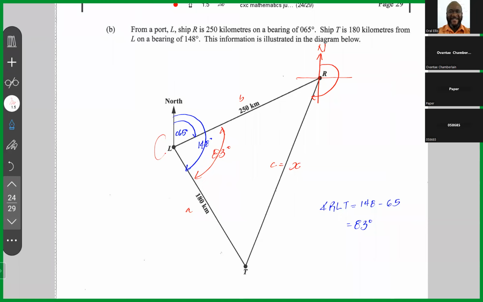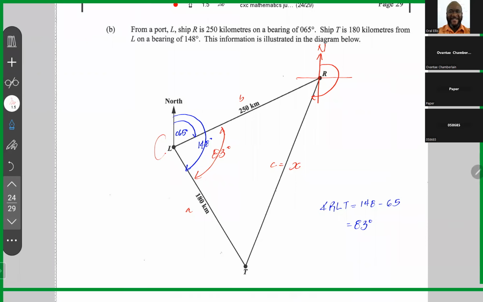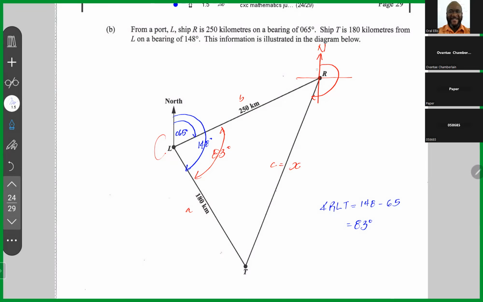The best way I think I'm going to get that angle is to first find this angle here, the blue angle, which I'm going to divide into two parts. Let's call them alpha and theta.